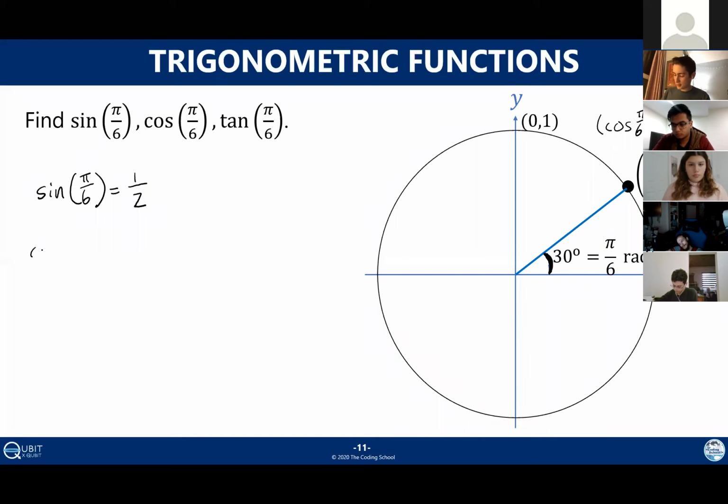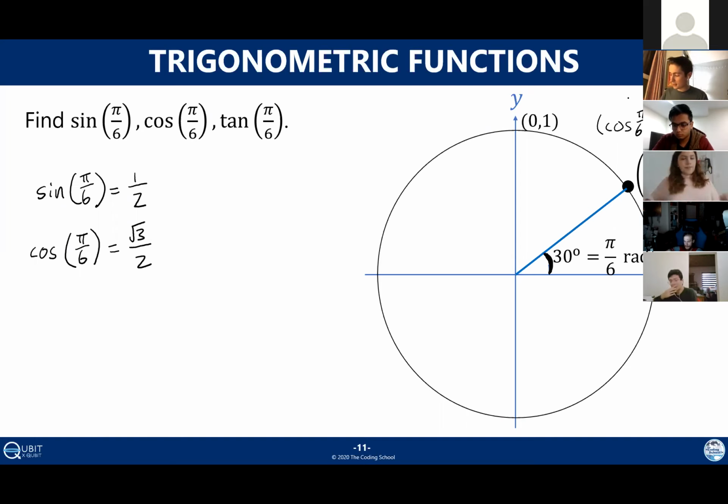The x coordinates must be the same. All I'm doing to get this is remembering our definitions of sine and cos. They are just the x and y coordinates of a point on the unit circle. And because these coordinates here are talking about the same point as these coordinates here, we know that the x coordinate and the y coordinate must be equal.